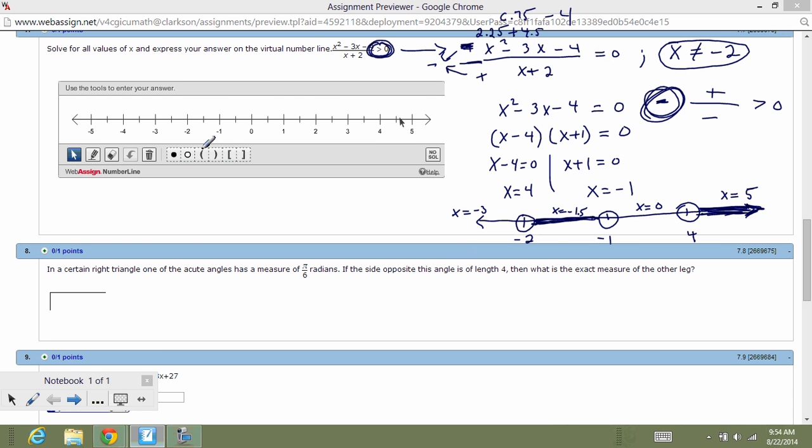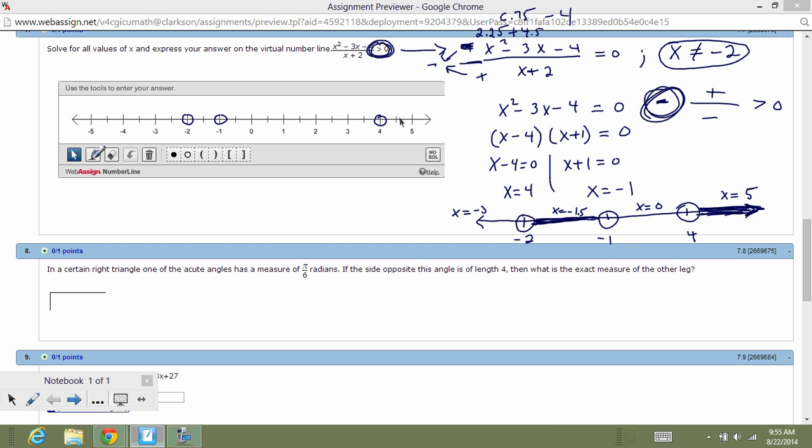Now, in terms of the virtual tools, hopefully you got familiar with these, and everything should be well. In a Google Chrome browser or Firefox browser, everything should be well. Depending on the version, you can use Internet Explorer, but we don't recommend it. You'd use the virtual tools to put open circles at negative 2, negative 1, and 4.